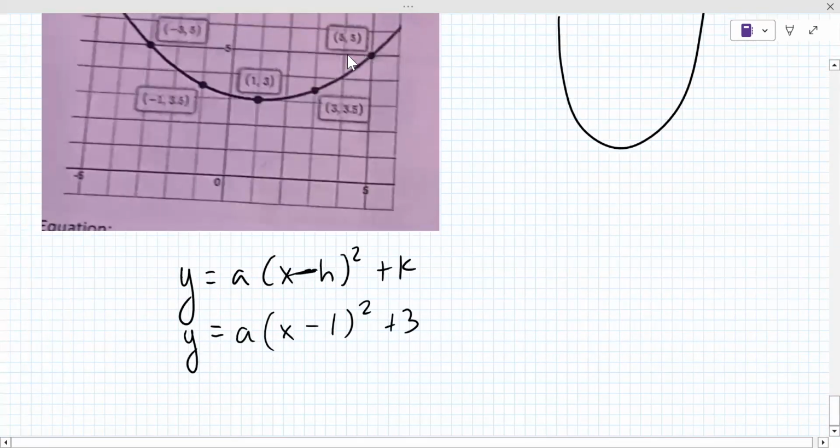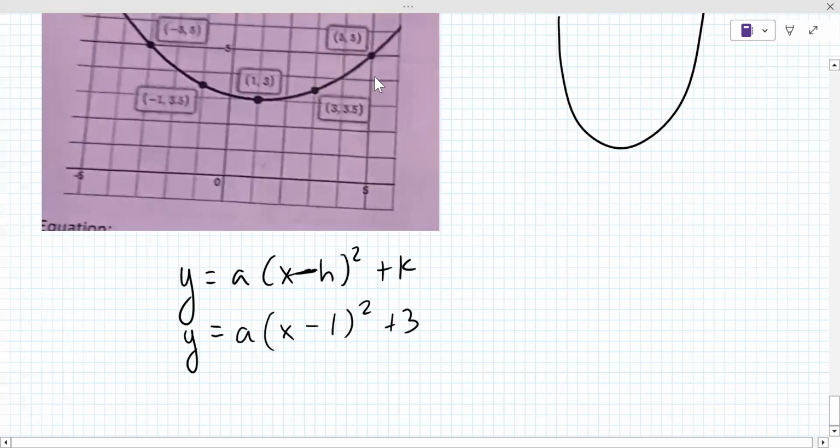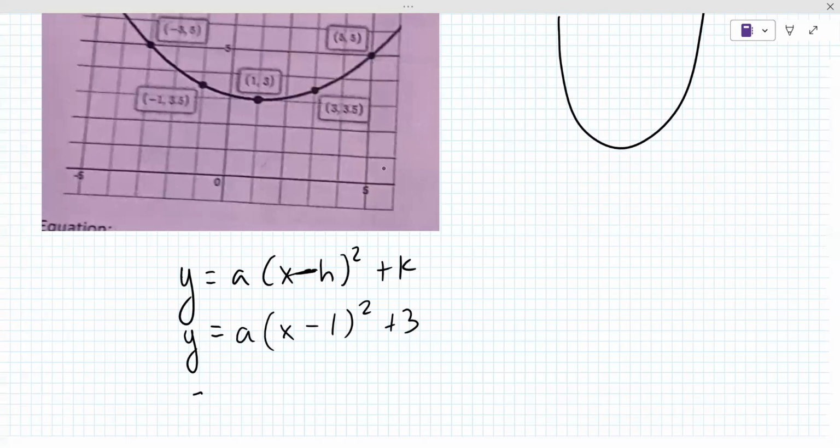You can use any of these points here. We'll do 5 and 5. No, 3 and 3. Looks like 3 and 3.5. I might recommend the whole numbers, but that's your call. I think it's a 5 and a 5. Okay, I'll do 5 and 5. Okay, so go ahead and solve that for a first, please.